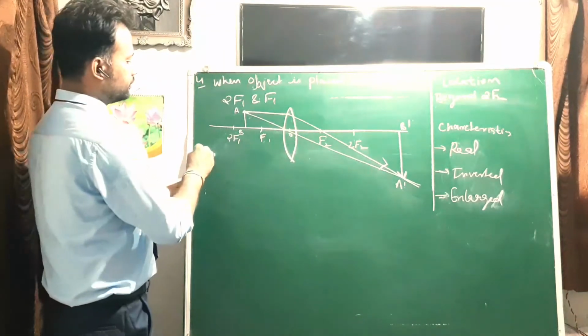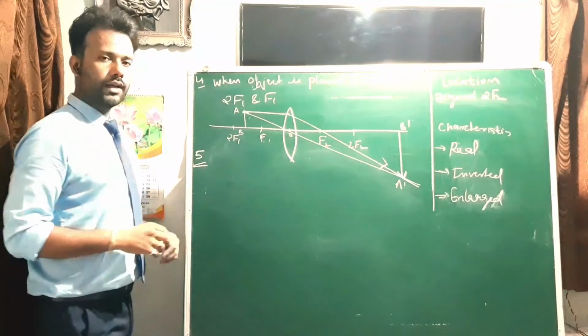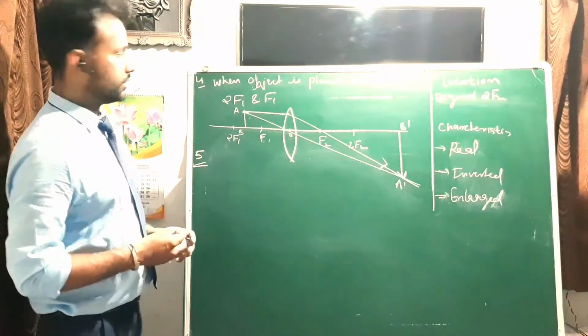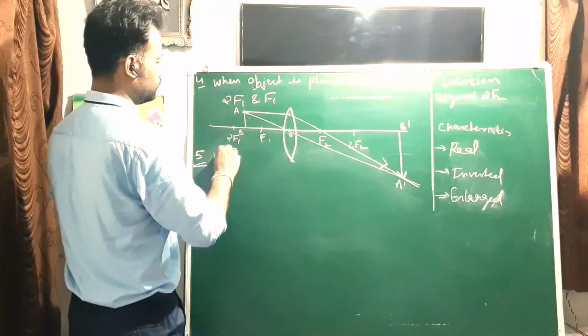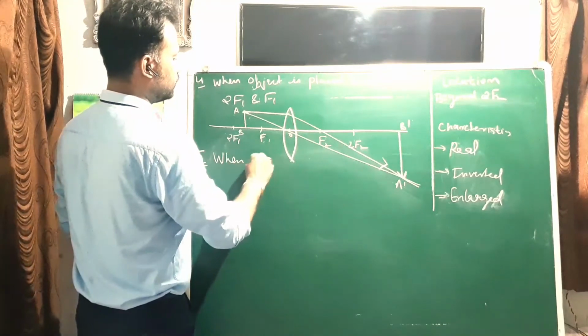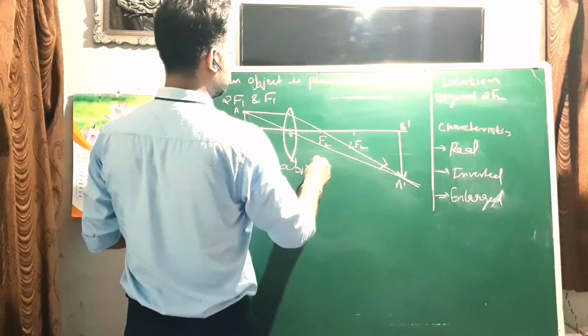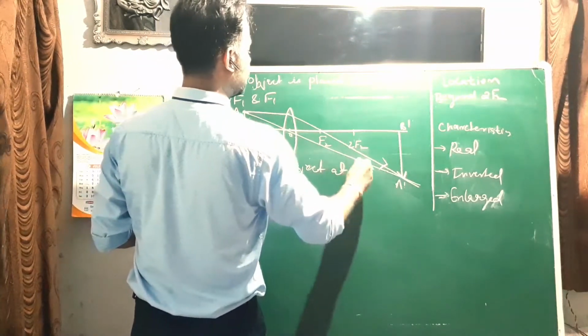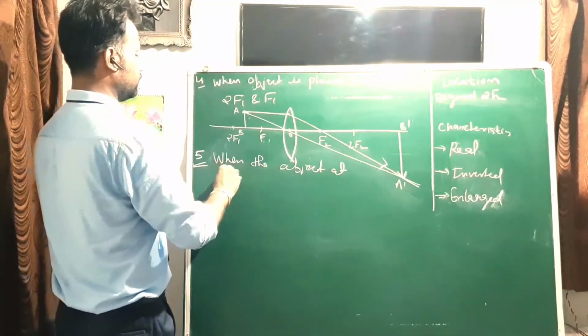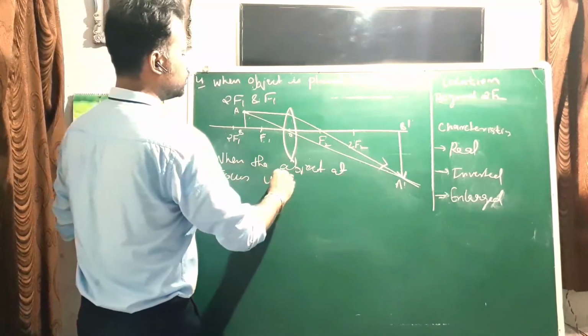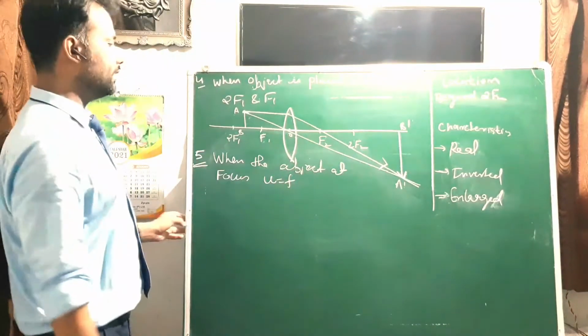Fifth case, when the object is at focus, that means u is equal to focal length f.